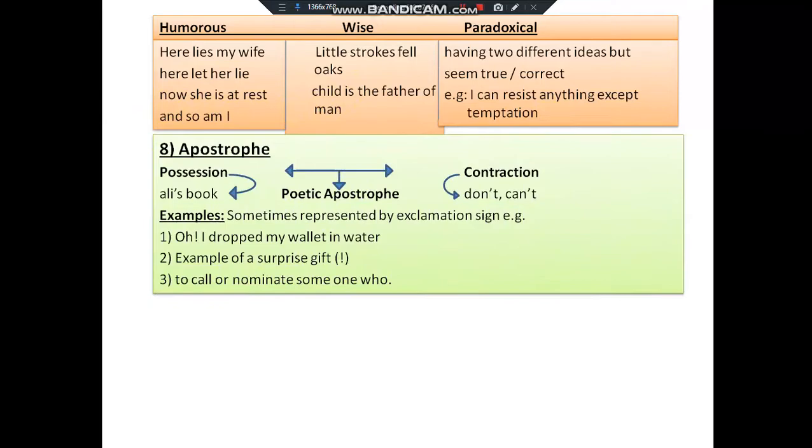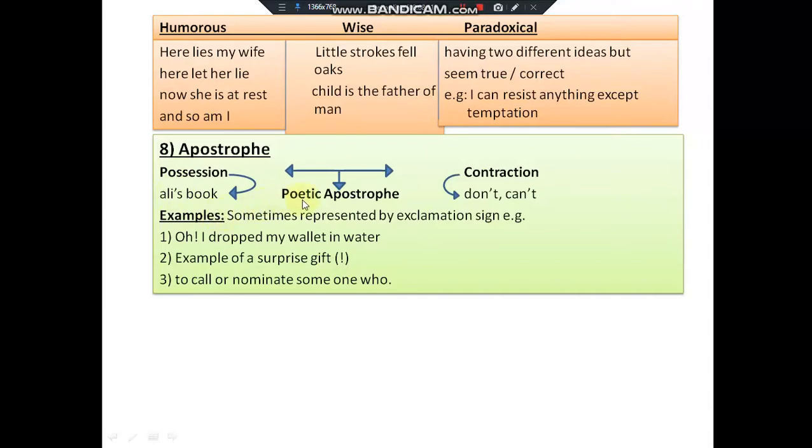The next is apostrophe. Apostrophe is very common, used in literature and known to you as well. The first one is an example of possession. For example, this A should be capital because it is a proper noun. Ali's book. Look here, to show the possession of a noun, we use this apostrophe.